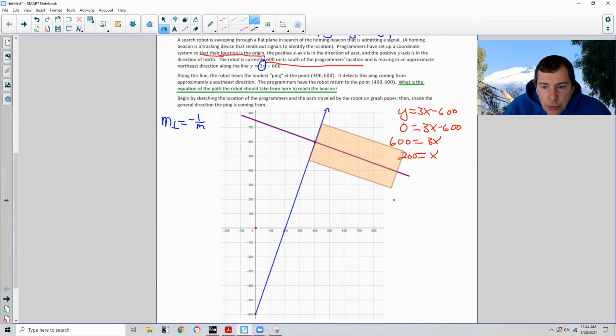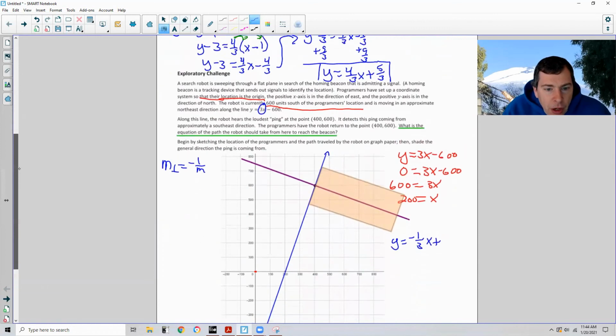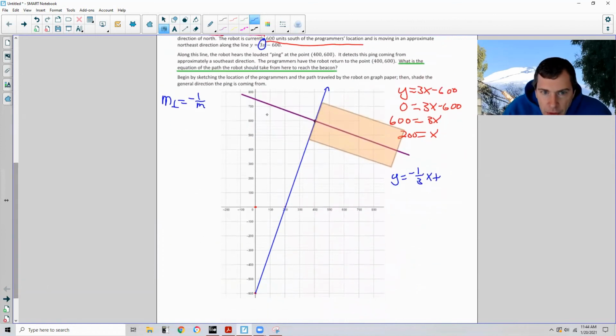So my equation would be y equals negative 1/3 x plus some b. The reason I extended this purple line up to here was that it gave me an approximation of the y-intercept, and the y-intercept looks to be about 750.